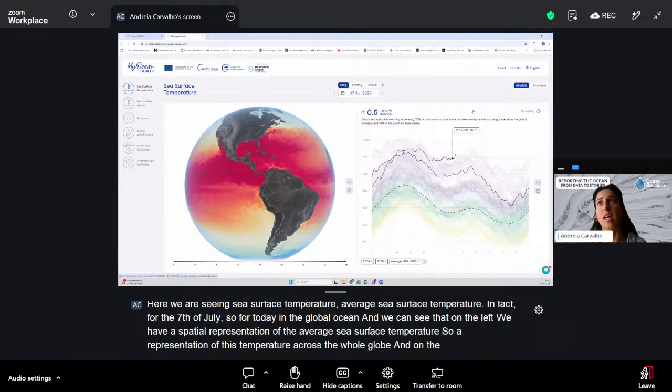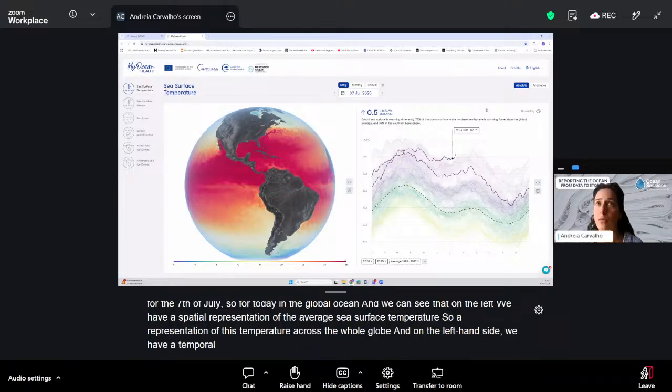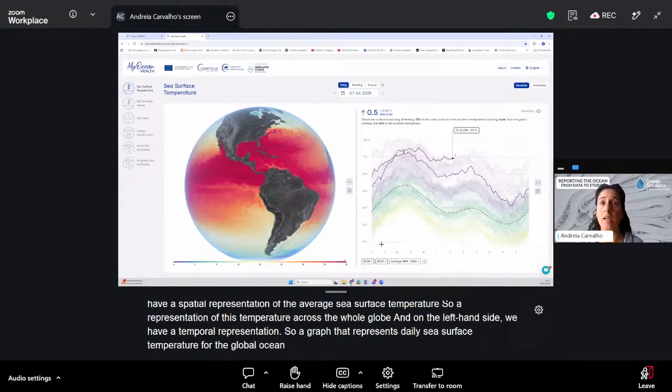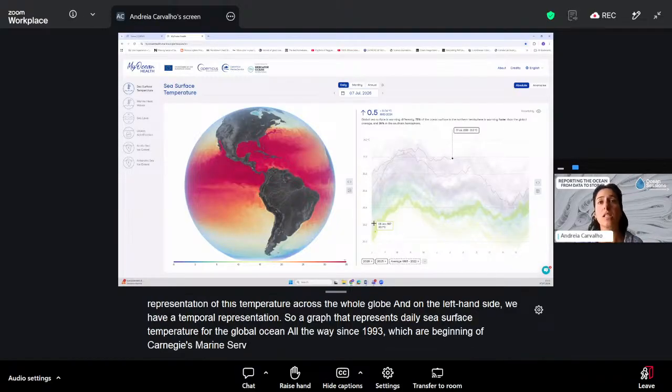And on the right-hand side, we have a temporal representation, so a graph that represents daily sea surface temperature for the global ocean all the way since 1993, which is the beginning of Copernicus Marine Service data records, all the way to today's measurements.